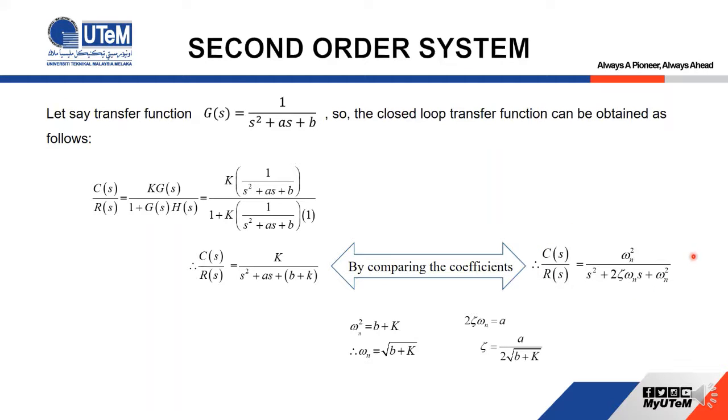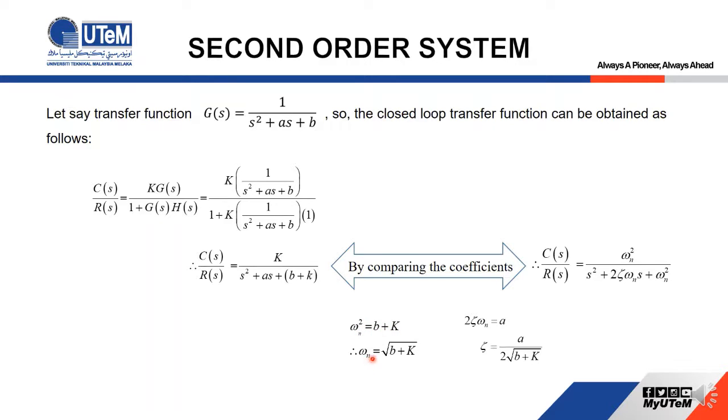Then we compare the coefficients with the general equation for the second order system that we derived before. Based on these two equations, omega n squared equals b plus k. From there, we get the value of omega n, which is the square root of b plus k.